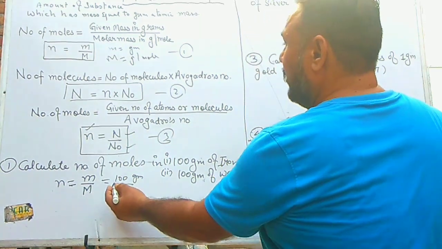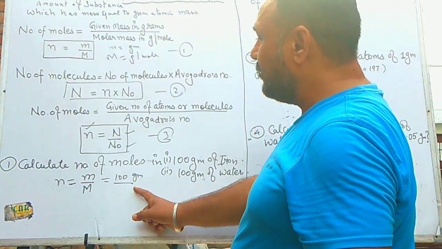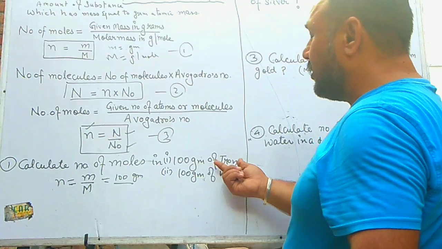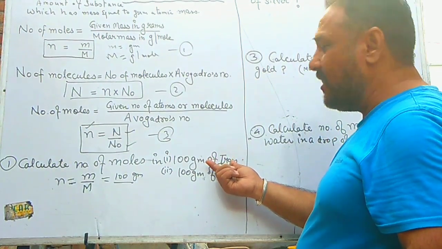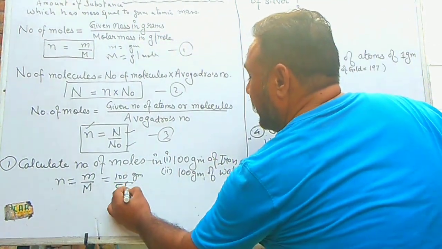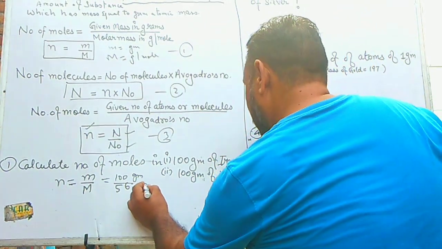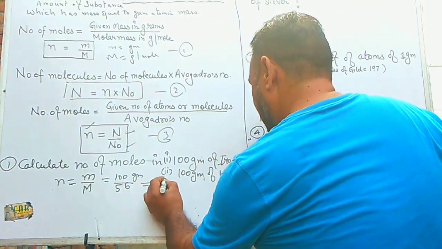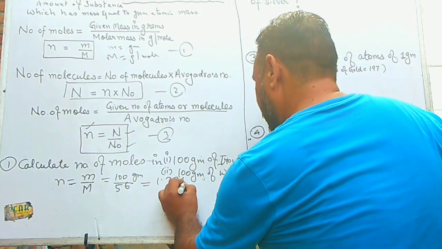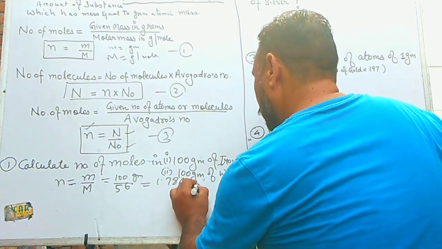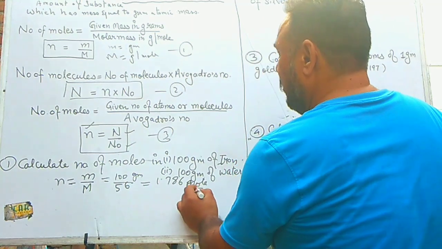Capital M is the molar mass of the substance. The substance is iron and its molar mass is 56. So dividing 100 by 56, we get the answer 1.786 mole. The SI unit is mole.